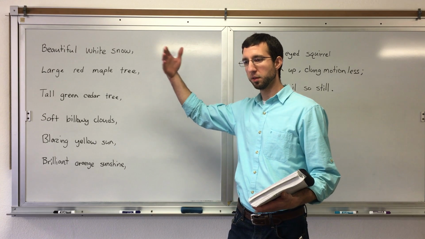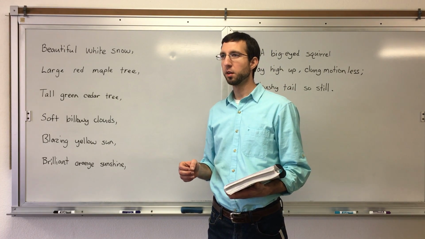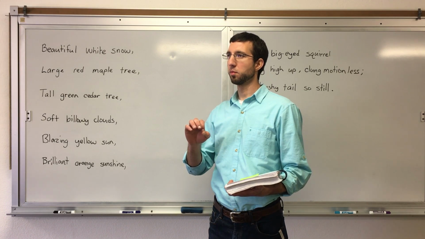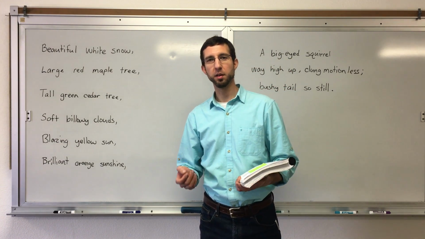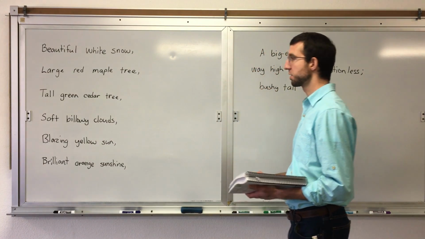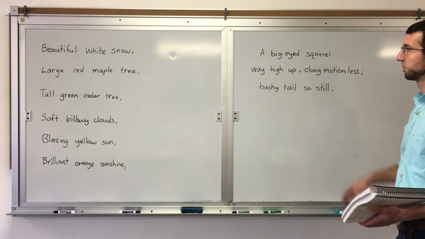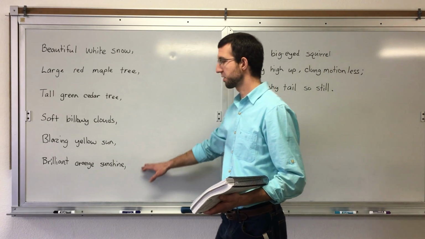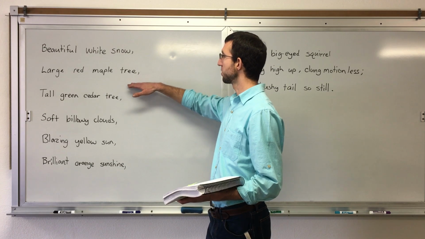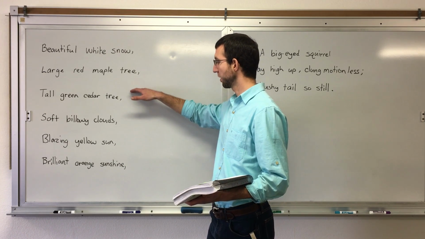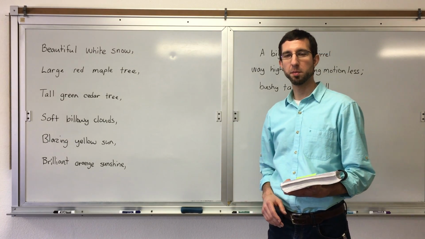And one thing that is helpful is, when your haiku starts, maybe the first line, all it has to do is tell what? Like mine does, it tells what? A big-eyed squirrel. So here are some lines that we get started. Beautiful white snow, large red maple tree, tall green cedar. Maybe that's helpful. Maybe you want to come up with your own.